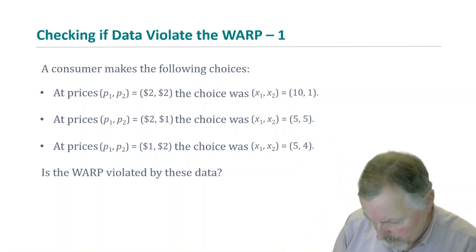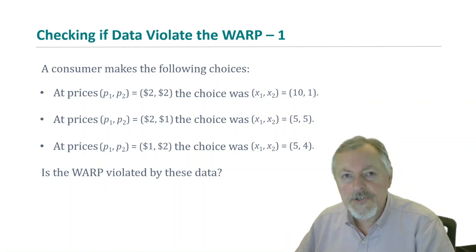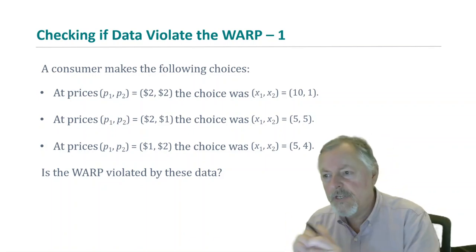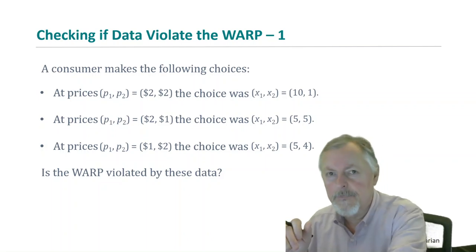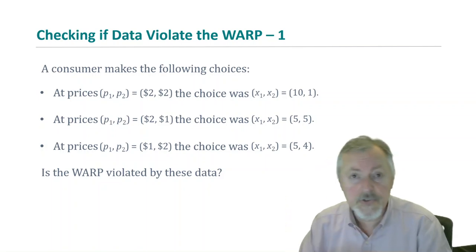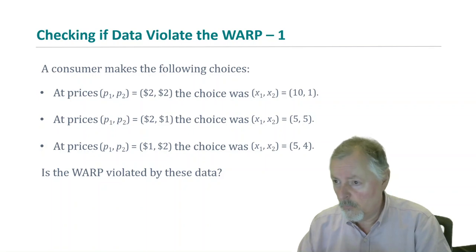Let's see if I have enough room to write this. Well, you look at how much each bundle cost, because you want to know which of these were affordable when you made the choice. Okay. At the first prices, thing 1 costs $2, thing 2 costs $2. You bought 10 of thing 1 and 1 of thing 2.